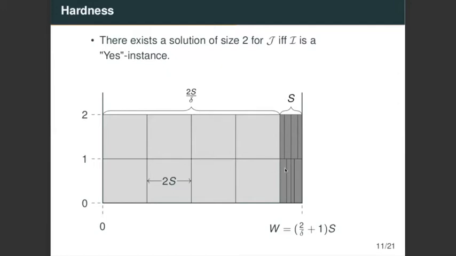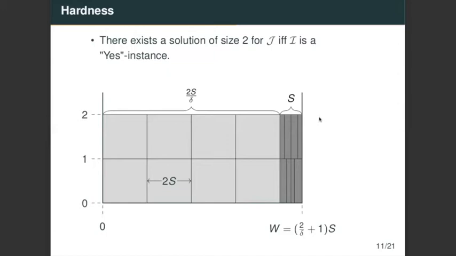Now assume that we have a solution of height 2 for J. Then since the height of the items is exactly 1 and their total area is exactly 2 times w, the items must be partitioned into two subsets such that the first subset is completely contained in the top shelf and the second subset is completely contained in the bottom shelf.